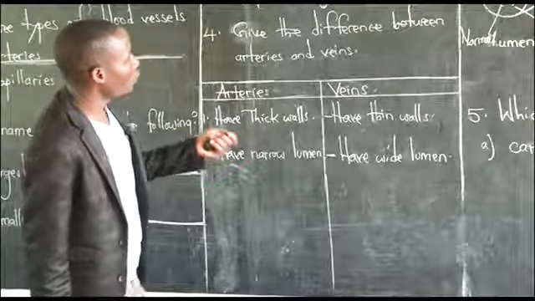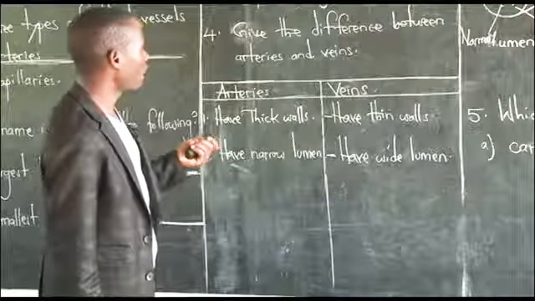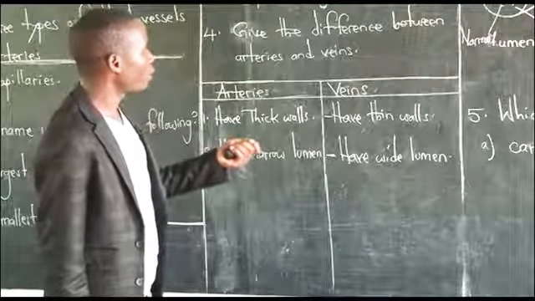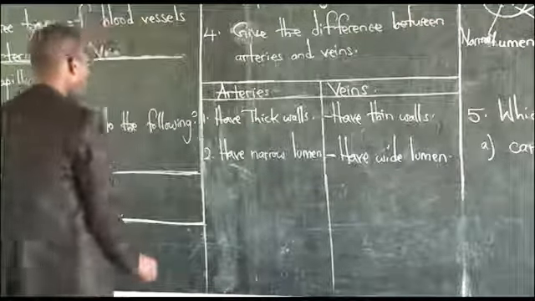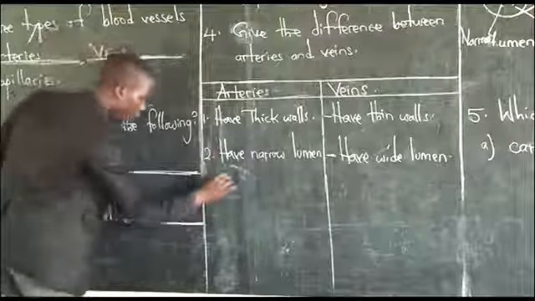Check on the next structural difference. Which of them have valves? We have no valves on arteries, but when you come to the veins, we have valves. So that's number 3. Arteries have no valves.